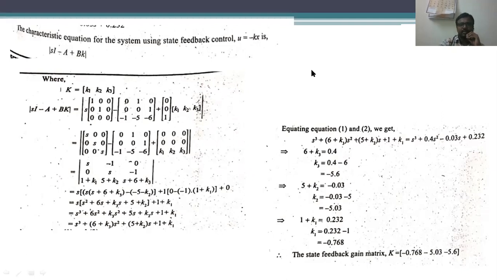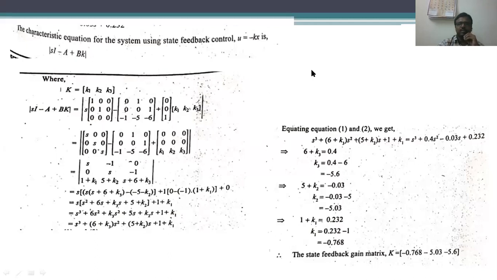Why? Because in the case of Ackermann's formula method, we have to determine the inverse of the matrix, and calculation of the inverse of the matrix will take some time.